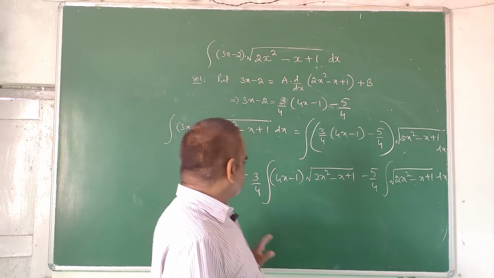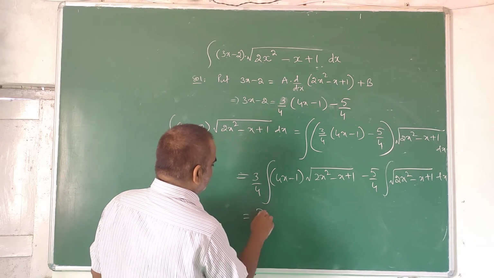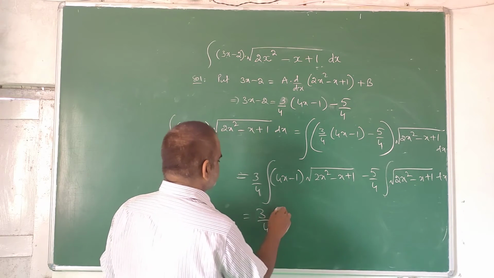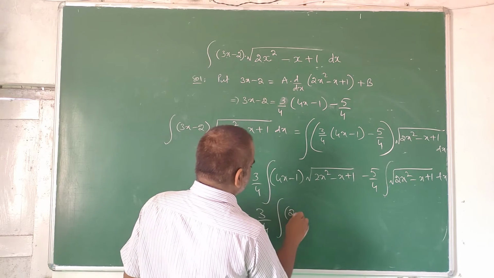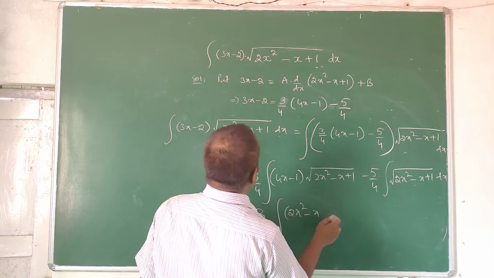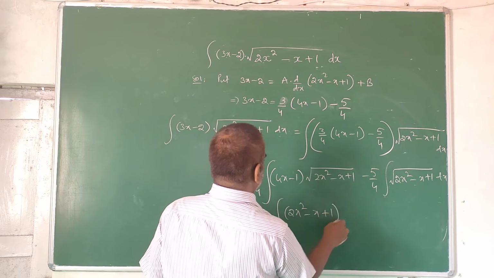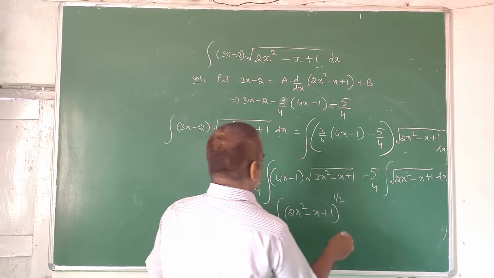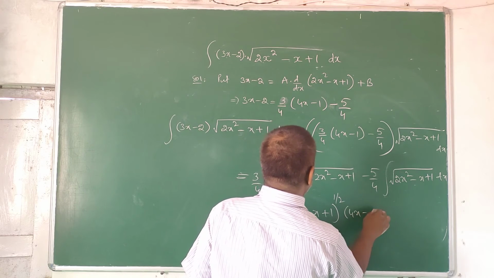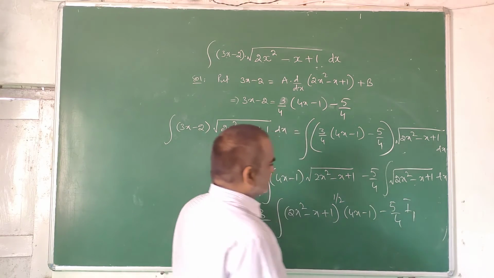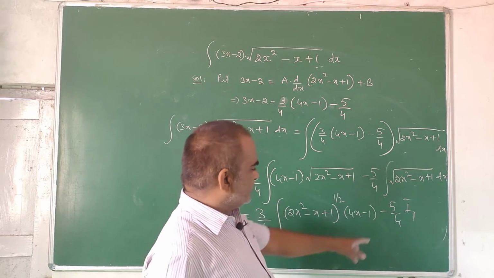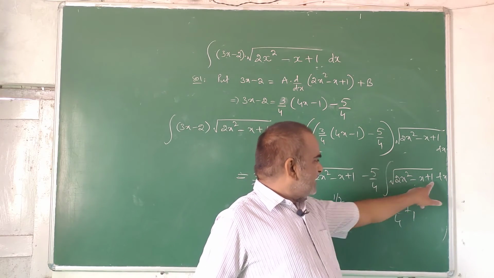So now this is equal to 3 by 4 integral, if you express in exponential form, (2x square minus x plus 1) whole to the power of 1 by 2 into (4x minus 1), minus 5 by 4 into I1. Say that is I1. You mean by I1 is integral root over this.